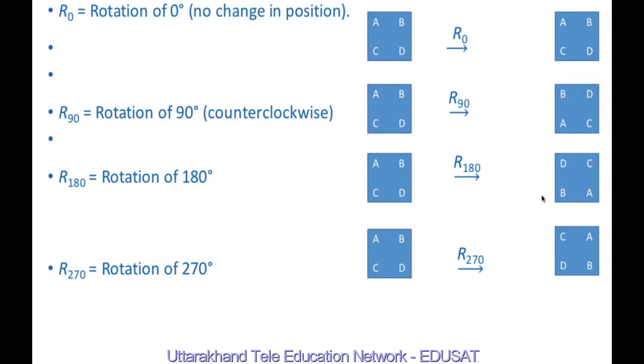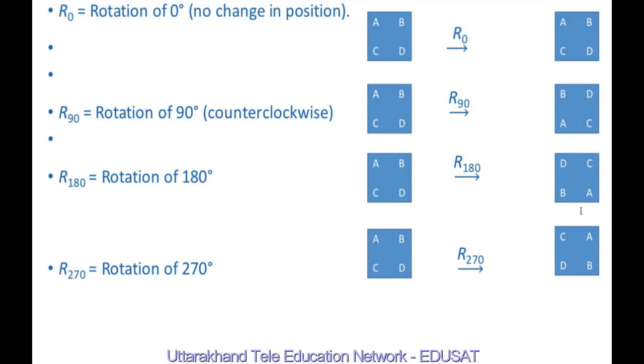This is the position of the corners obtained by rotating the square by 90 degrees again, or we can say that we have rotated this square by 180 degrees. We have given one rotation of 90 degrees and then again one rotation of 90 degrees. So by a rotation of 180 degrees, this is the position of the corners which we obtained.